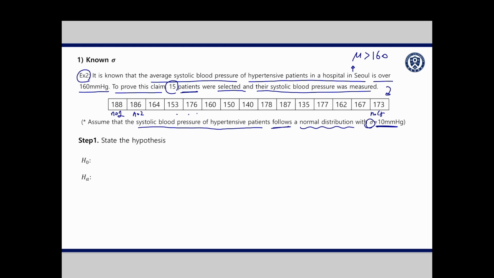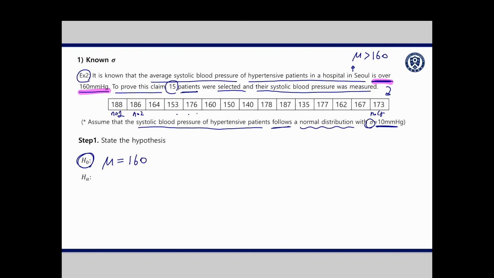Okay, this hospital claimed that the average blood pressure of the patient population is over 160. Therefore, the null hypothesis, the hypothesis that there is no difference between the blood pressure mean and our value 160, is mu equal to 160.